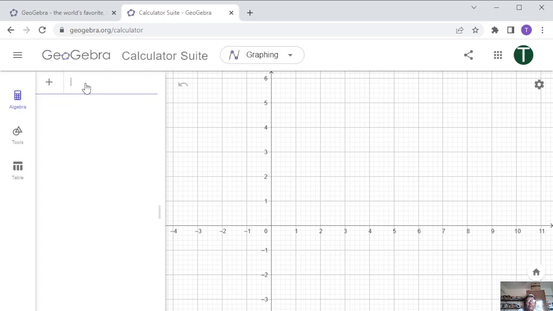In case of an ellipse, for any point P on the ellipse, the sum of the distances of that point from the two foci is constant.